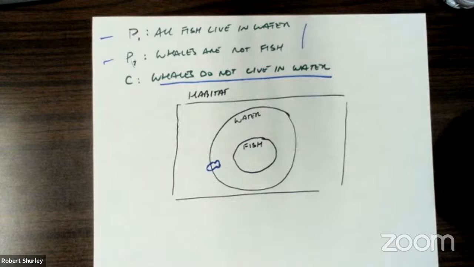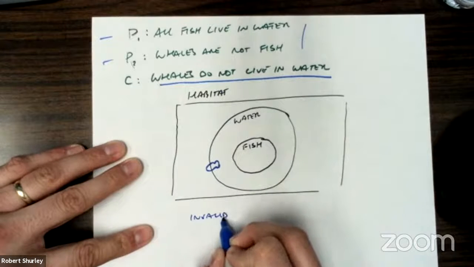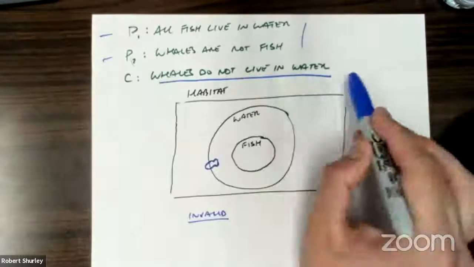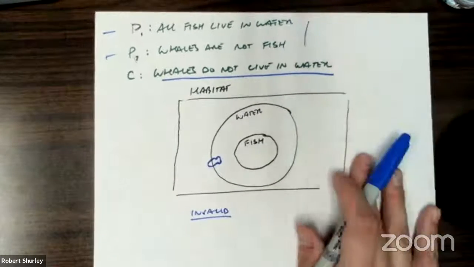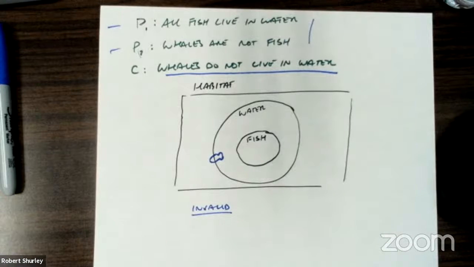Therefore, the conclusion does not follow necessarily from the premises, and the argument is considered invalid. Okay? This is considered invalid because the conclusion does not follow from the premises.